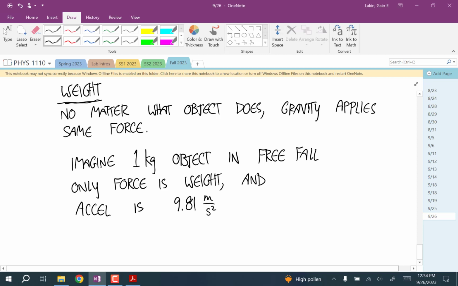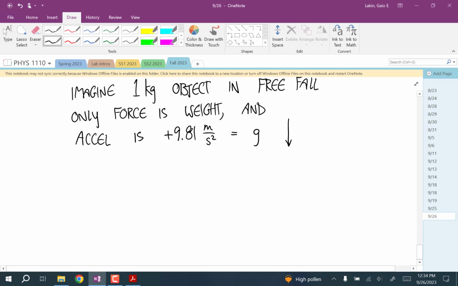I'm going to sometimes abbreviate this positive 9.81 meters per second squared as lowercase g. And this acceleration is acting down. So these are two things that we know about an object that's in free fall.